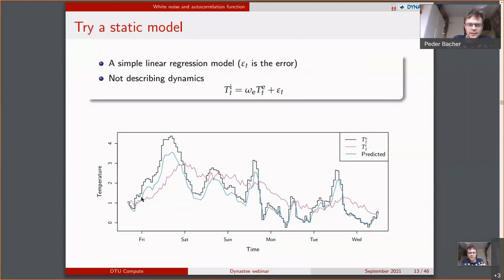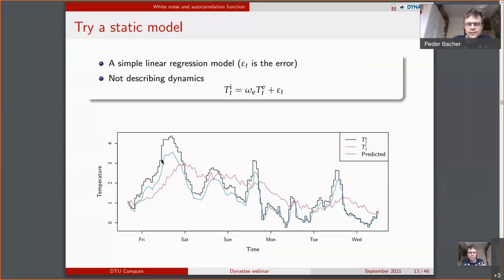We tell the model to estimate the parameters, so estimate this omega, which is like the beta 1, the slope parameter between the external temperature and the internal temperature. Basically, this model will give this blue line as a prediction.